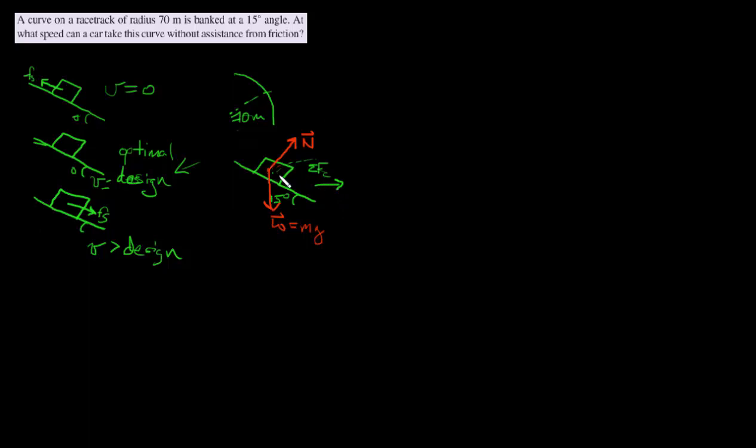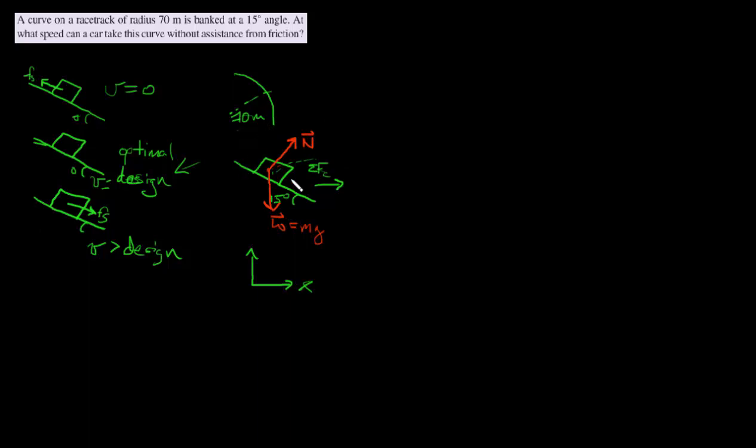So we're going to end up getting some components here, but you have to be careful because we're not tilting our axis. We don't care about down the bank. We care about towards the center. So we don't have to turn our x and y axis. In fact, they're going to stay exactly the same. So what we care about is what's acting in the x direction and what's acting in the y direction.